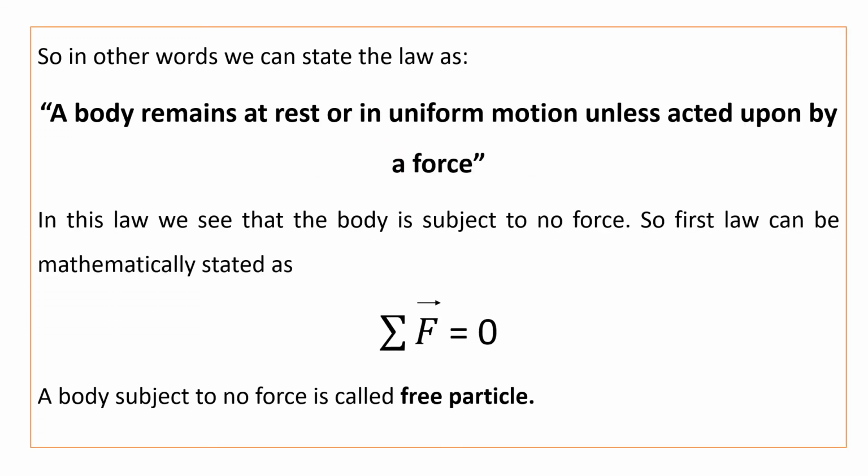In other words, we can state the law as: a body remains at rest or in uniform motion unless acted upon by a force. I have told you that before. In this law, we see that the body is subjected to no force. So the first law can be mathematically stated as: when the object is at rest and no force is applied on it, the sum of all the forces on the body will be equal to 0.